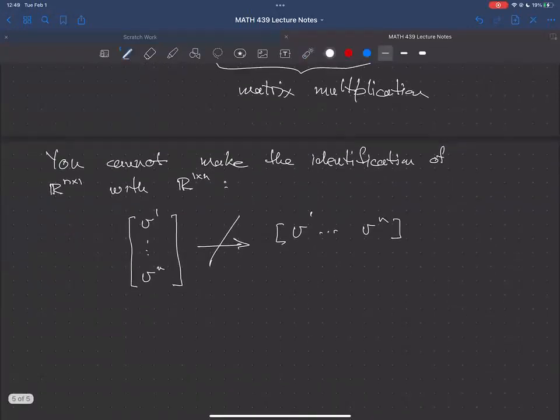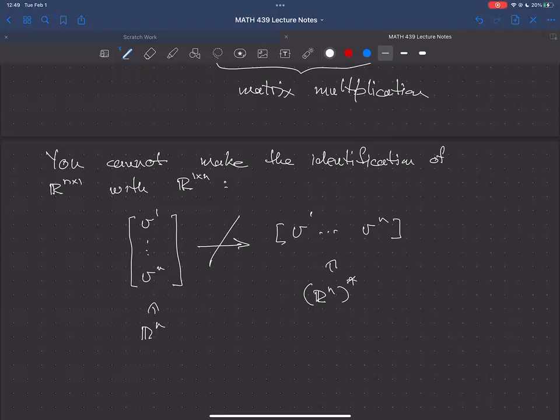And the reason is very simple: these two things represent things that are in intrinsically different spaces. This is in Rn, and this is in Rn dual. And Rn and Rn dual are not the same thing. They have some similarities, they both are vector spaces of dimension n, but they are not the same.